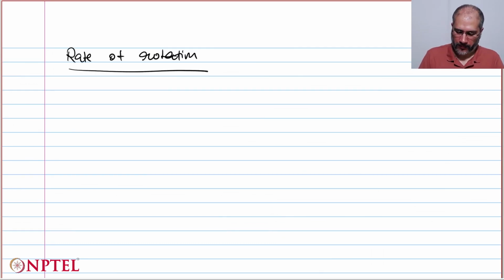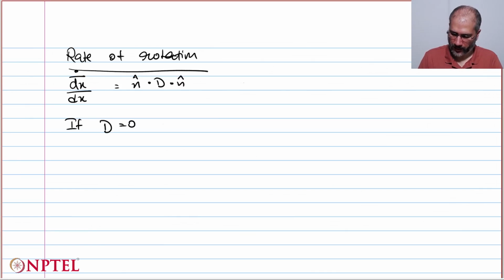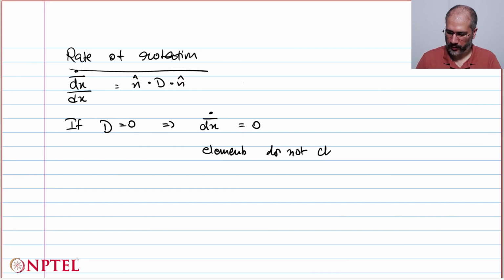In the last lecture, we had shown that dx dot upon dx, or lambda dot upon lambda, was equal to n·D·n. So in this expression, if I use D equal to 0, this implies that my dx dot is going to be 0. The meaning of that is that elements do not change length.